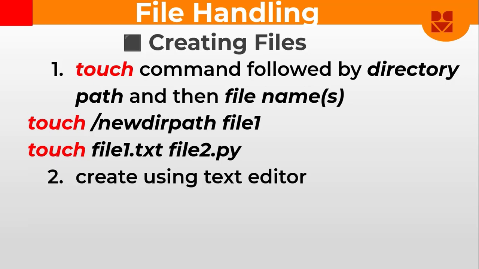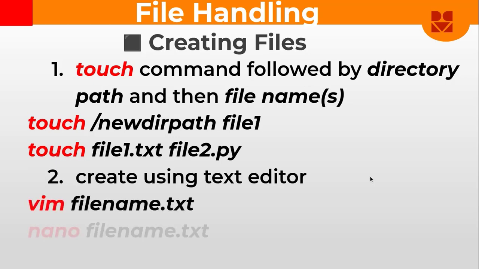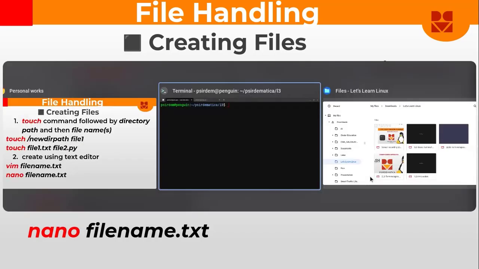Just that while you create it using a text editor, it opens the file up for you to edit at once. So basically, you can use a touch command to just create the file without opening it, without putting anything in it, right? And then you could still decide to use your favorite text editor, Vim or Nano, to create the file. So let's look at that.